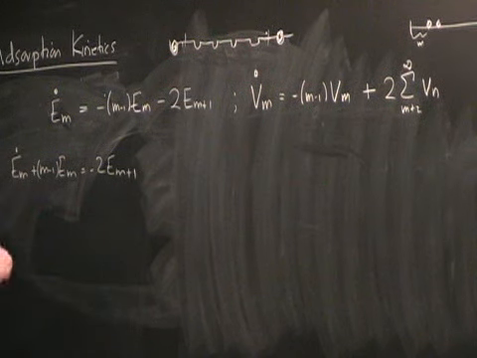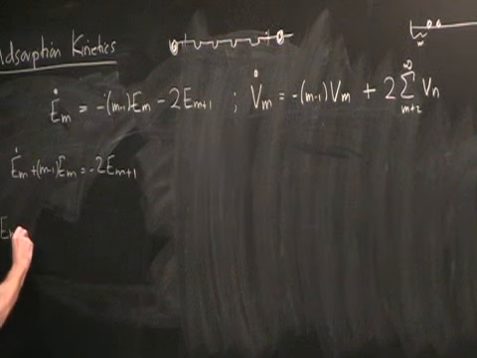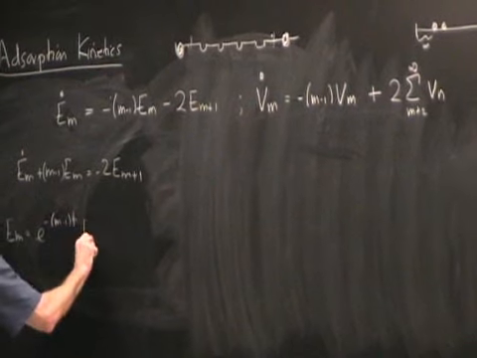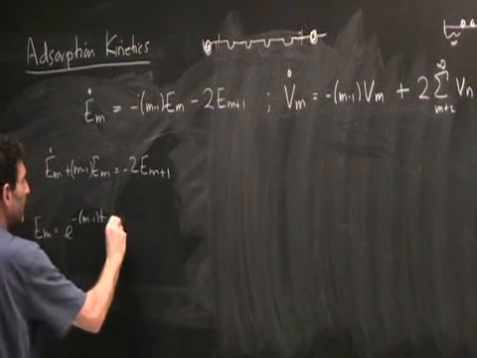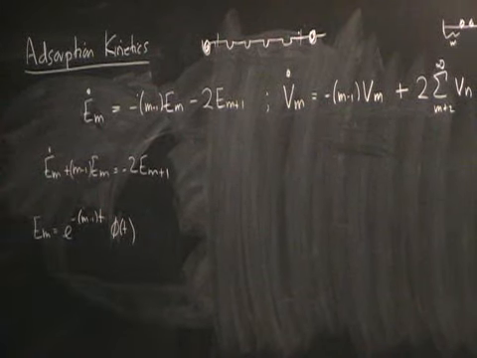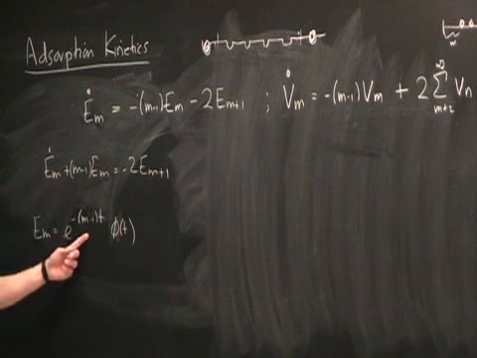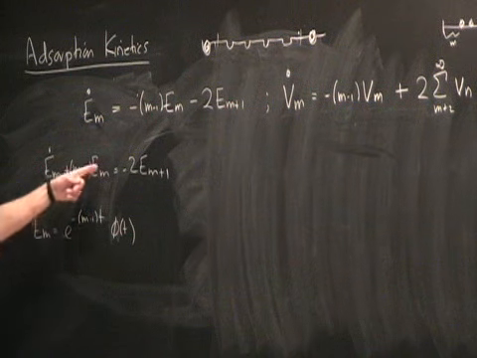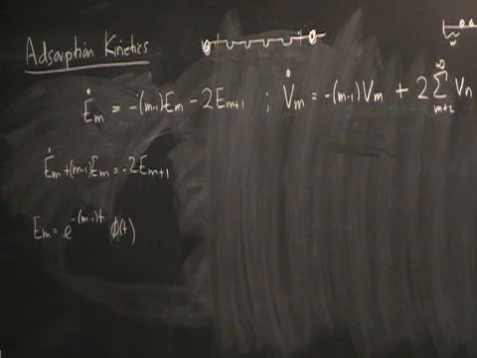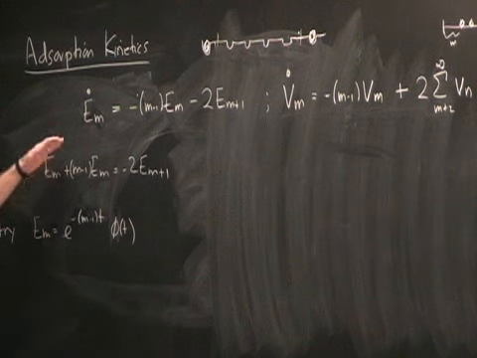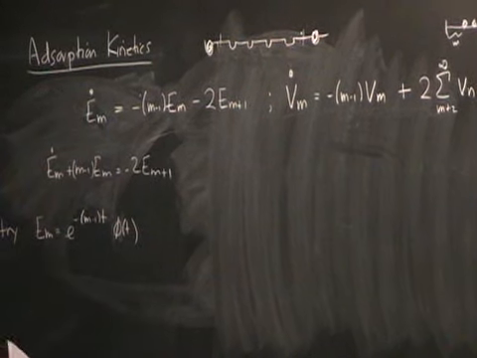So let me now make the following ansatz: E_m equals e to the minus (m minus 1) t, and let's call this other function left over phi of t. Again, from sophomore differential equations, this is precisely the integrating factor for this equation. It turns this into a total time derivative. So let's try this function and substitute it into the first equation and see what comes out.